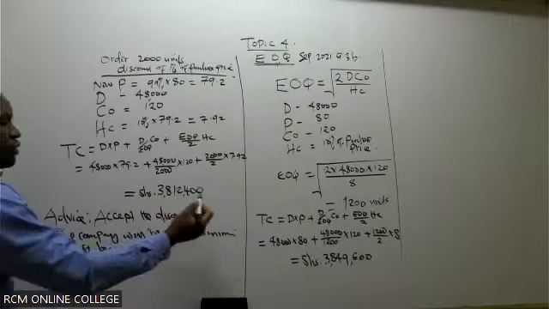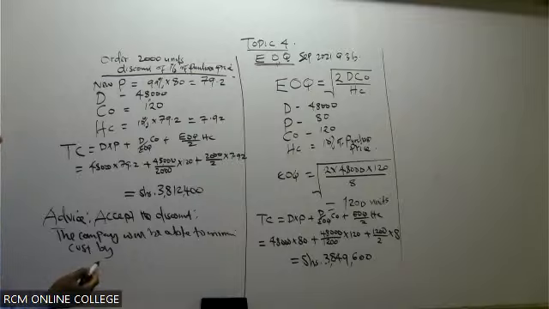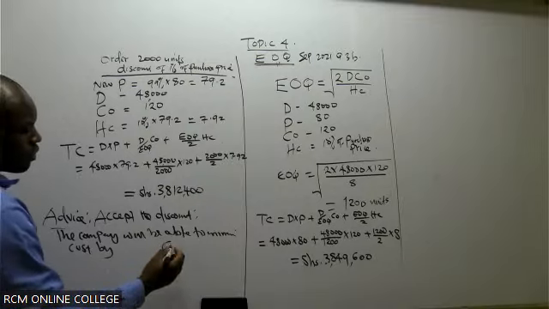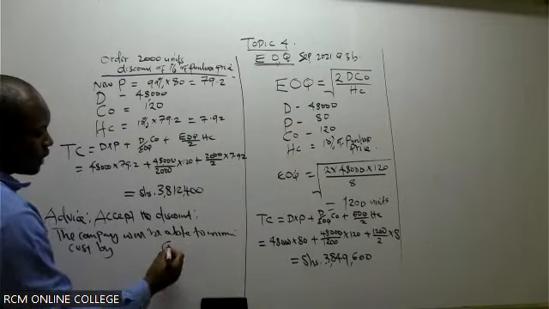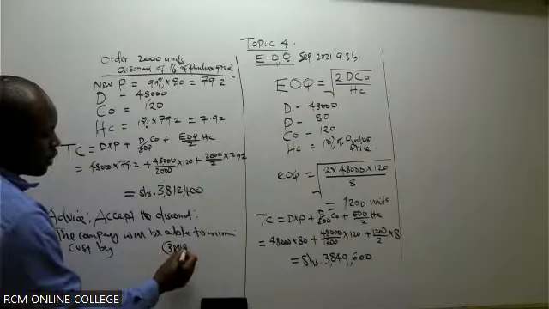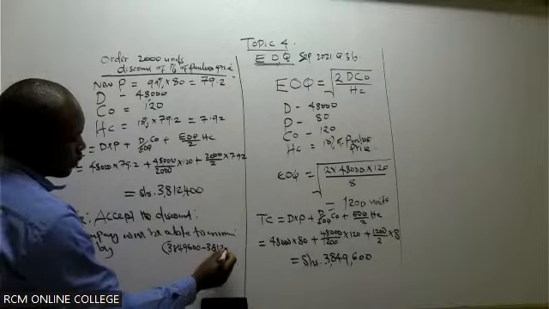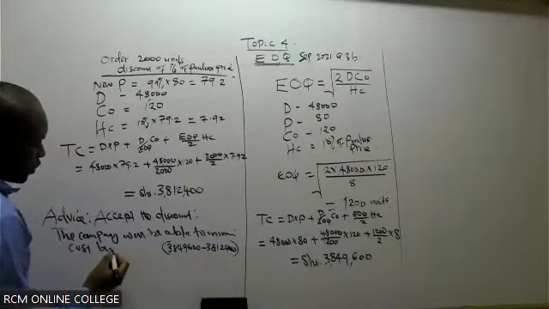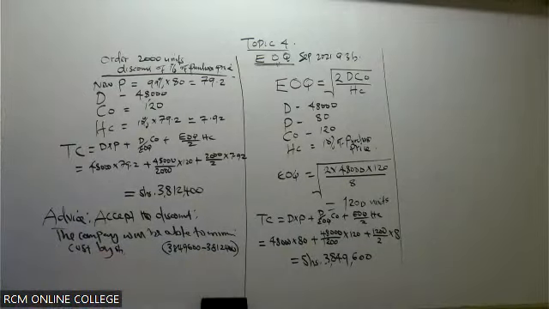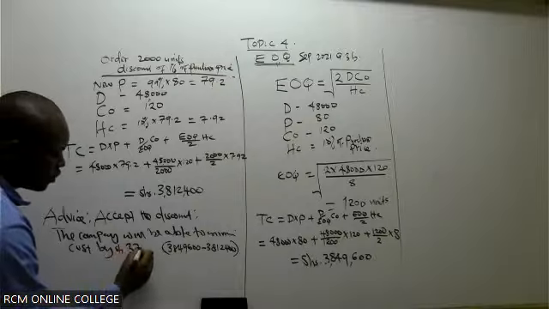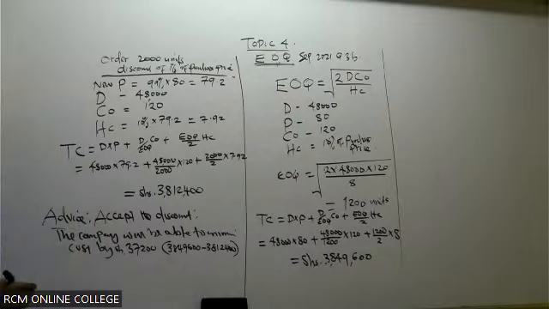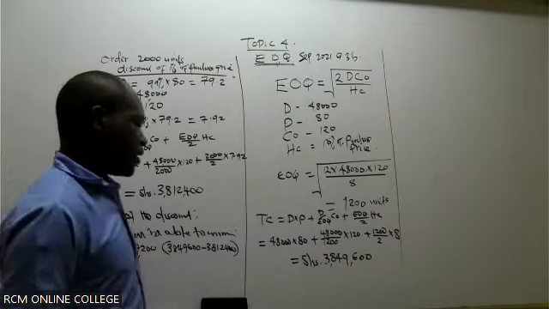So get the difference between these two costs. We'll be able to minimize the cost by 3,849,600 minus 3,812,400. What is it that we are going to get here? The difference, 37,200. So the company will be able to minimize the cost by 37,200.